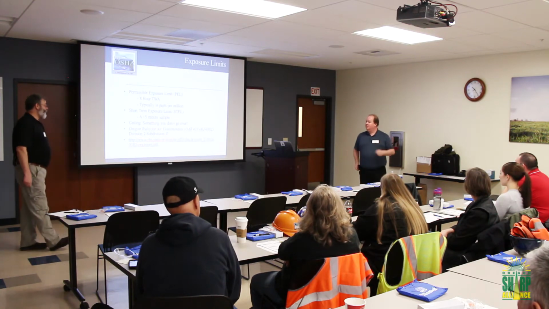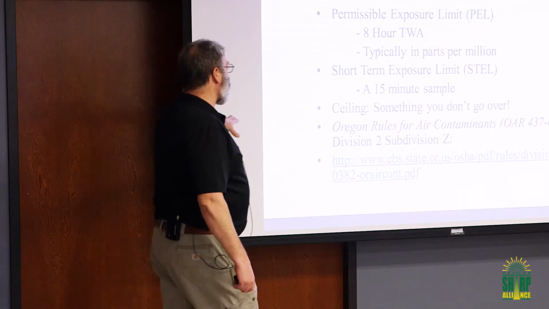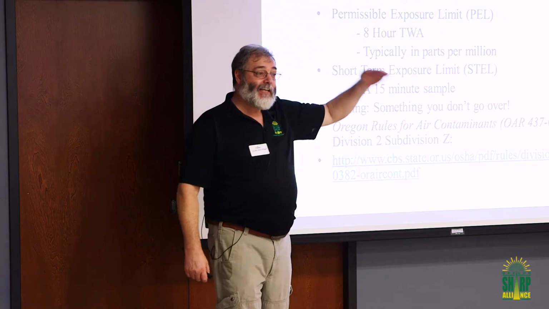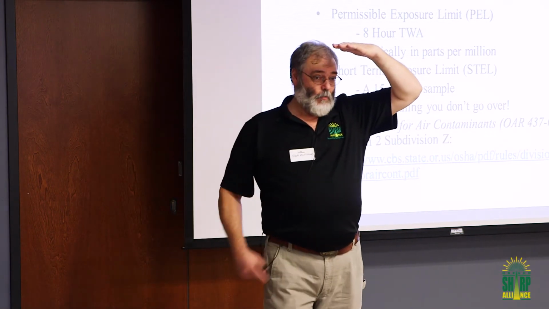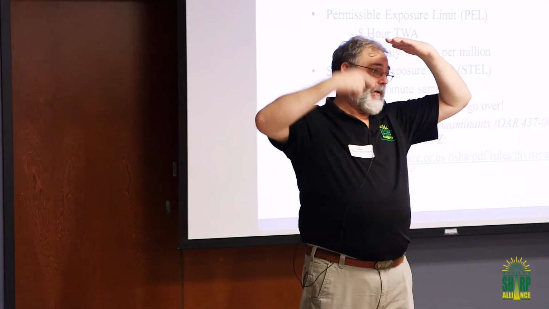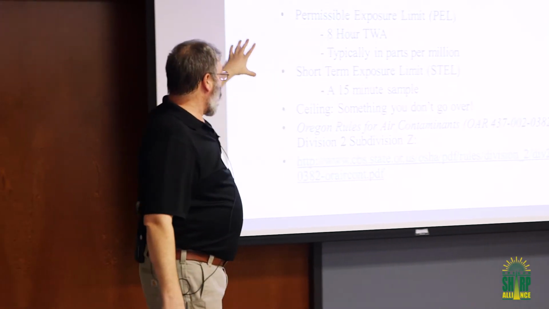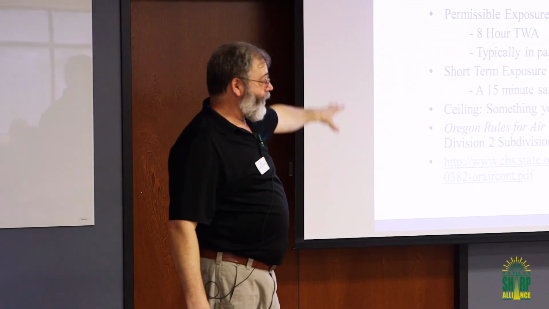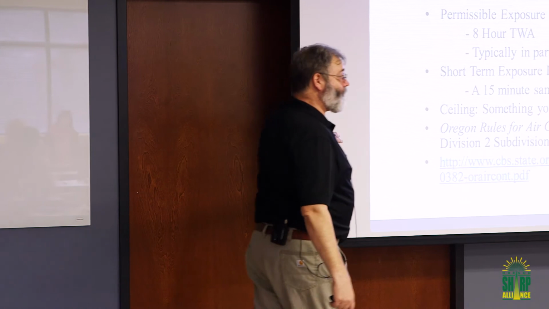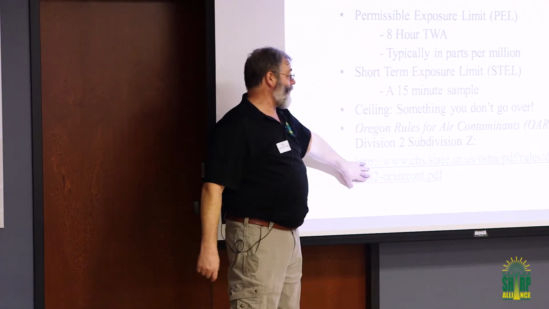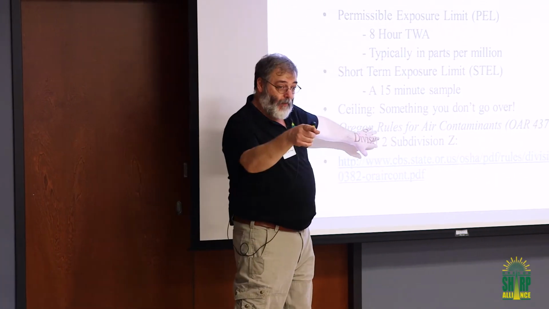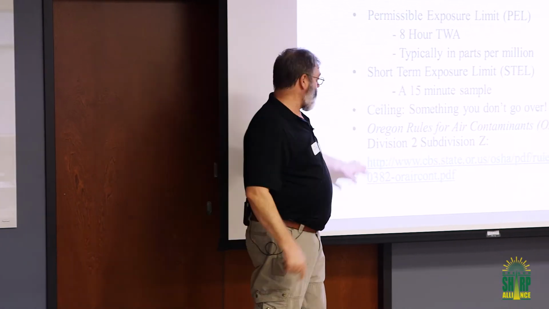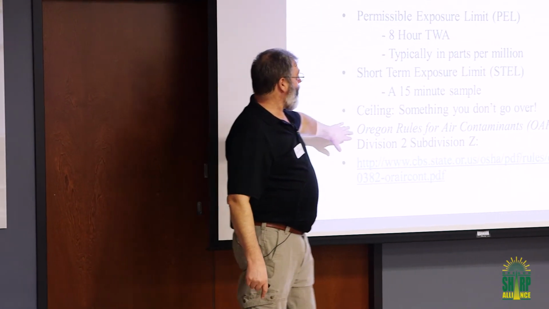for whatever reason. And then we have something we call a ceiling. A ceiling is a limit; we don't go over that, period. Now, correct me if I'm wrong, but these are right out of the OSHA rules. You can go into the OSHA rules, and there's a link to it, although on paper your link isn't going to work very well.